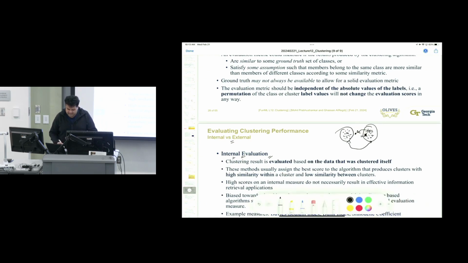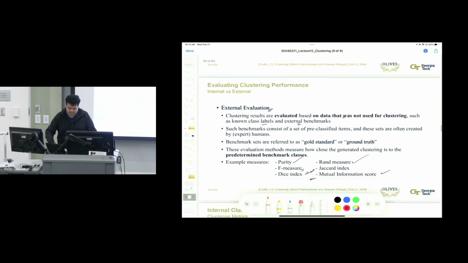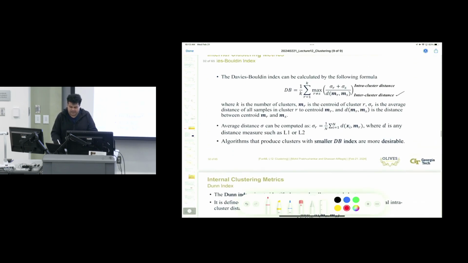If it is incorrectly clustered, then this cluster is going to look something like this, which I don't want. I want these kind of round clusters. So the distance between, let's say, the centroid of each cluster is something called the inter-cluster distance, and we want to maximize that as much as possible, which is essentially what we are trying to do here.